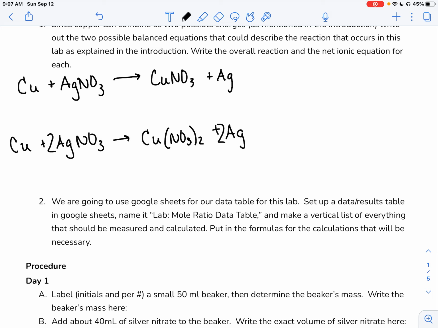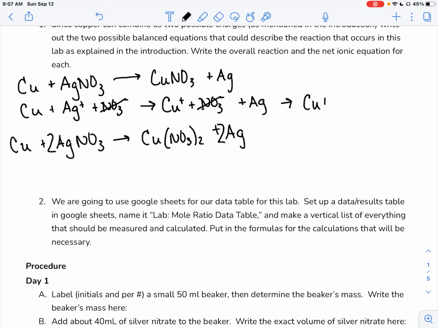So to write the net ionic equation, we'll keep Cu as a solid. And then over here, we'll separate these because nitrates are soluble. Then the nitrates will cancel out, and you'll get Cu plus Ag+ gives us Cu+ plus Ag.